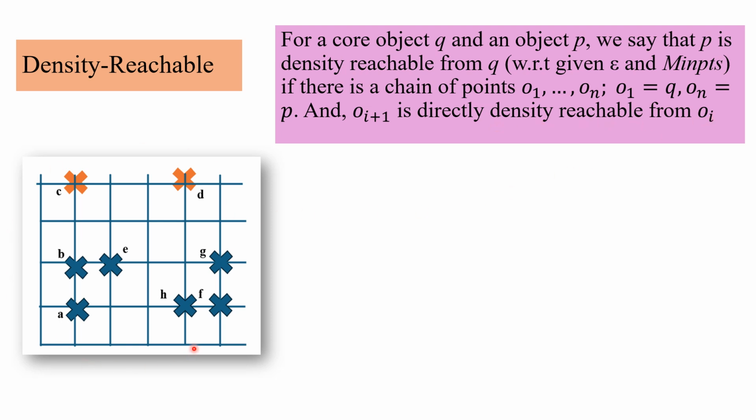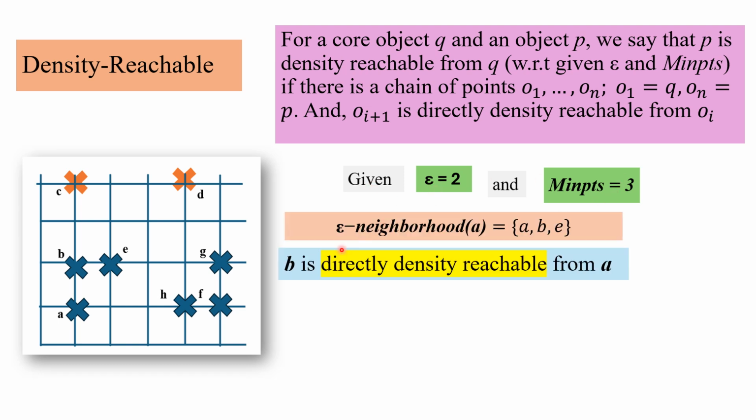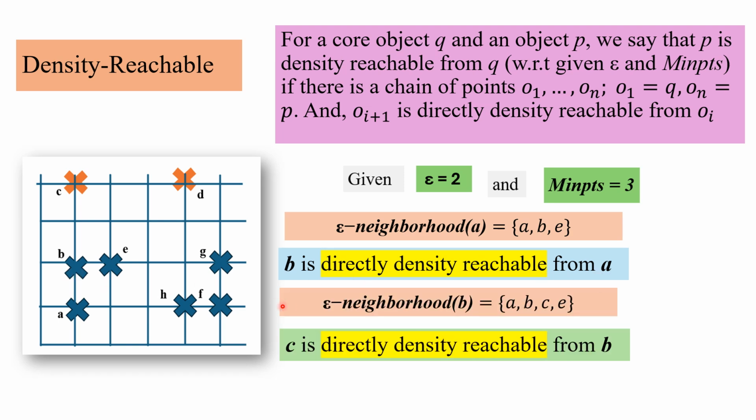So we have taken this example and the parameters. The epsilon neighborhood of A, since B and E are within the distance of 2, comprises A, B, E, so we can say B is directly density reachable from A. Now the epsilon neighborhood of B comprises A, E and also C. The distance of B to C is 2.